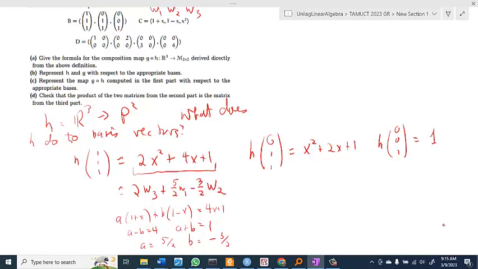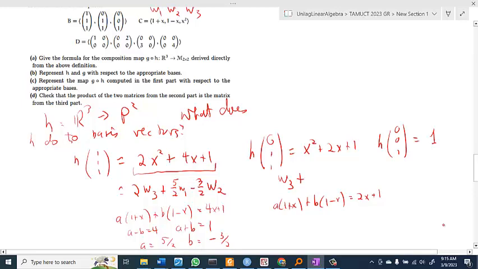Okay, all right, then I have this one. I have to figure out what this one goes to. 0, 1, 1, x squared plus 2x plus 1. Again, this is going to be W3. And then I'm going to have to figure this out again, 2x plus 1. I'll just figure it out the same way. A times (1 plus x) plus b times (1 minus x) is equal to 2x plus 1.